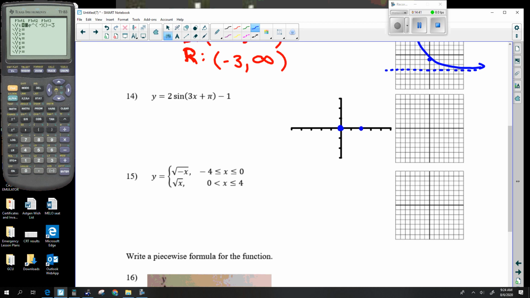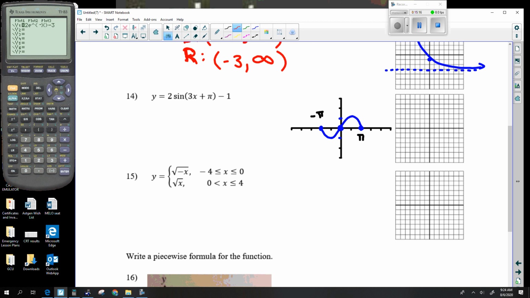It goes typically from negative pi to positive pi with an amplitude of 1, and it goes up and it goes down. So this is your typical sine graph, with this being pi, this being negative pi, and then obviously pi over 2s and things like that.